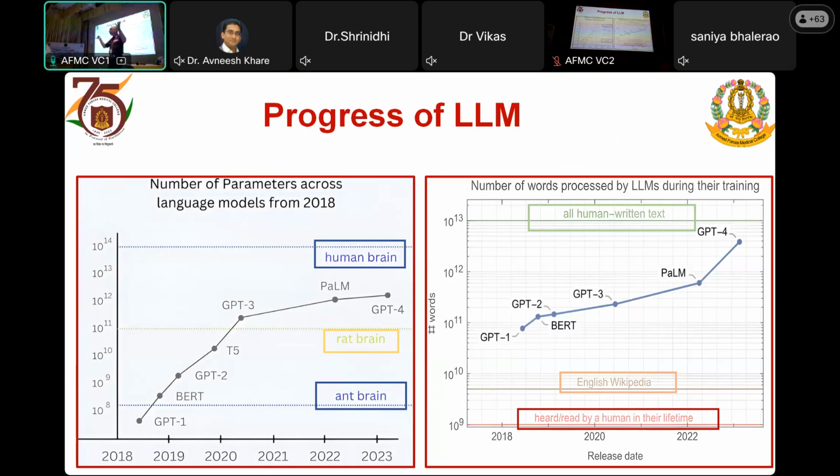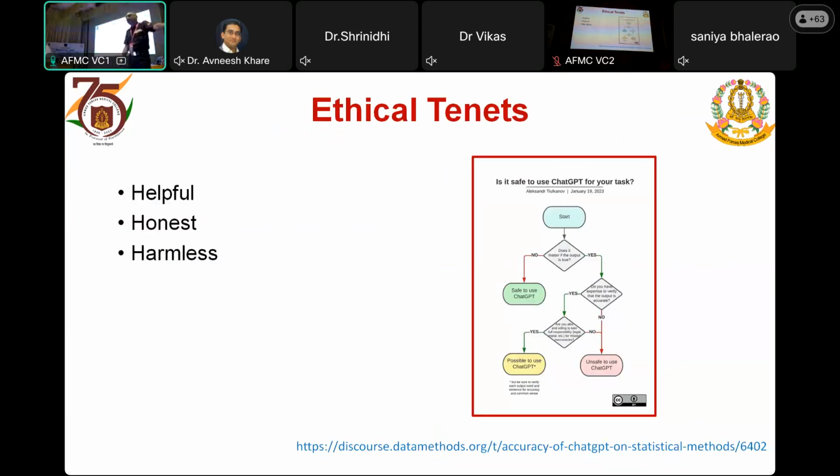Let's harness what God has given us, and that's fantastic computational power by way of a large number of parameters. Since we also need to sleep for 8 hours a day, that's why we are not able to read as many papers as GPT-4, but that's fine. So the idea is to combine the power of two armies. So what is the ethical tenet? I think Dr. Sanyal is going to talk about it.